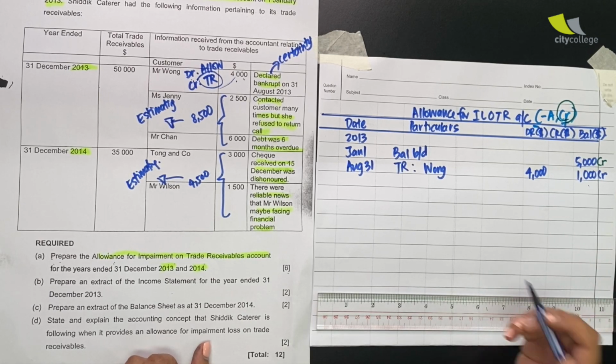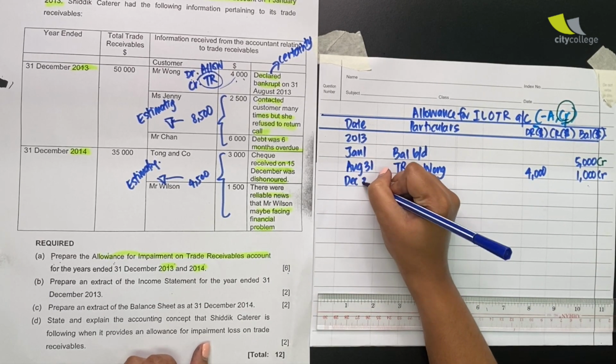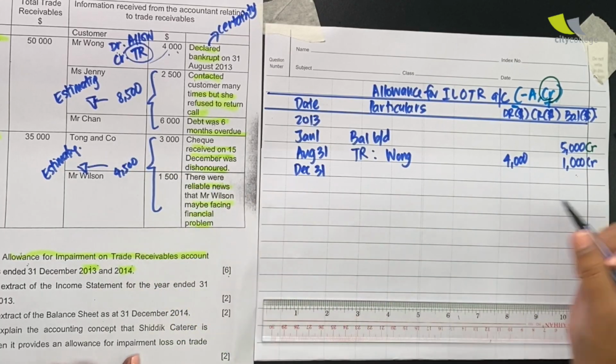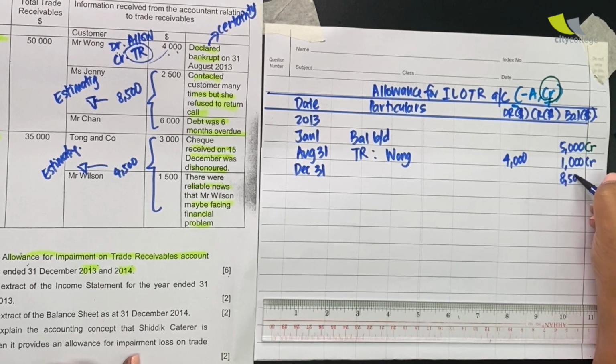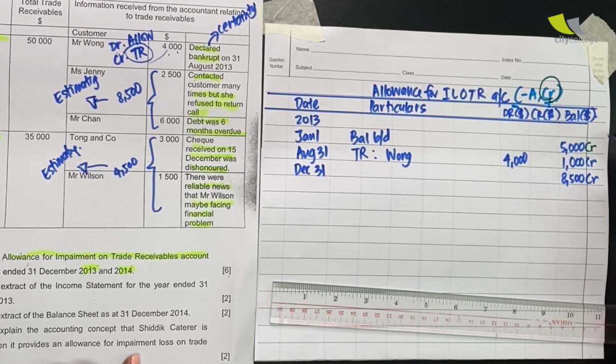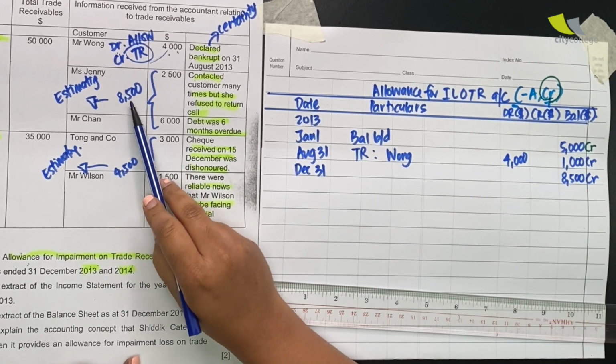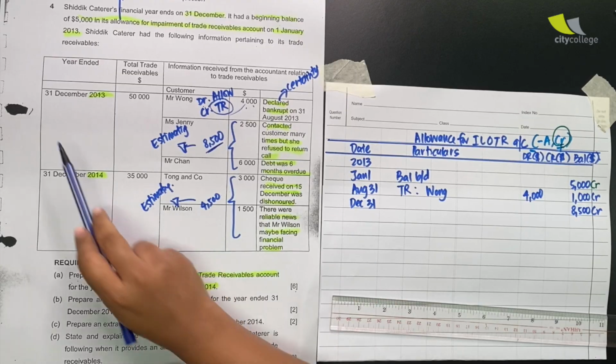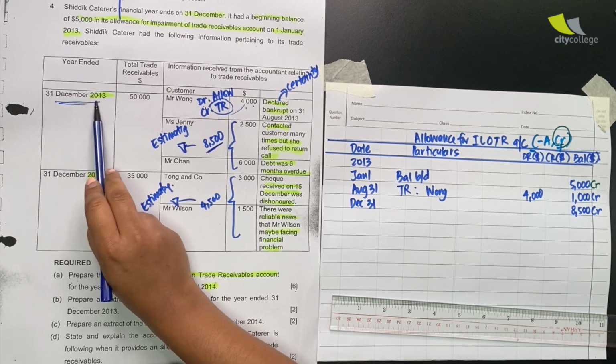So the first step is to update the year-end date, which is 31st December, and place the 8,500 instead on your balance column. Why? Because the accountant has decided that these are the estimated amounts for the year ended 31st December 2013.